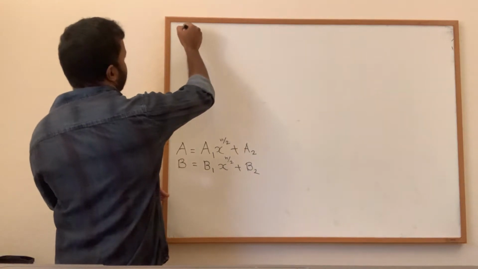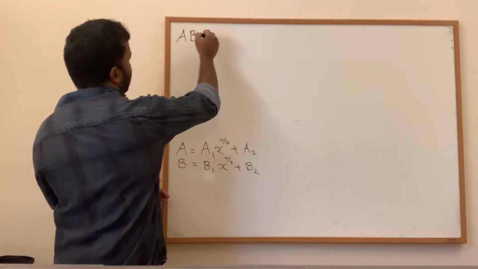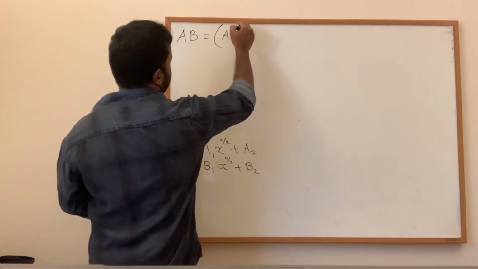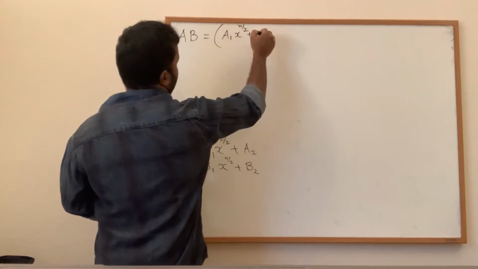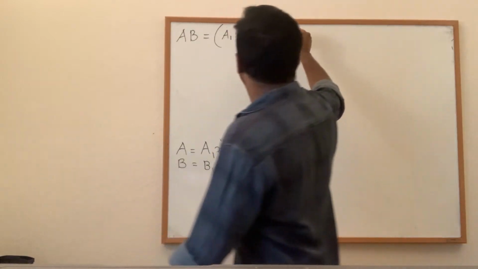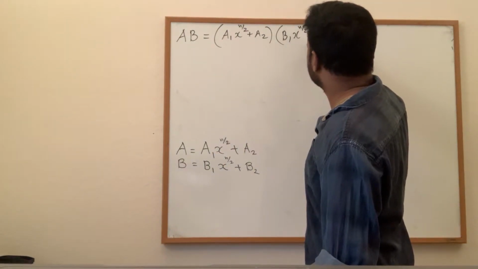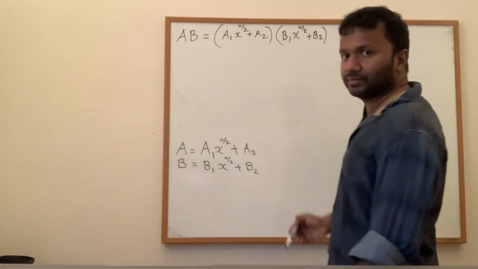Therefore, what I really want to compute, that is A multiplied by B, I can write as A1 x raised to n over 2 plus A2, multiplied by B1 x raised to n over 2 plus B2.